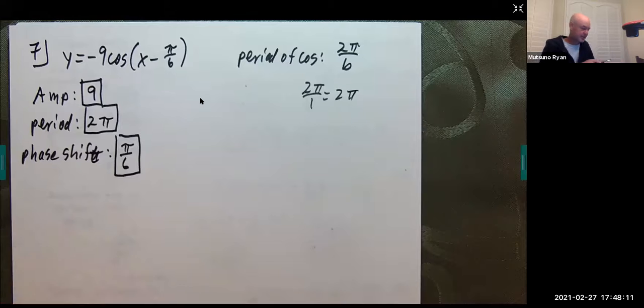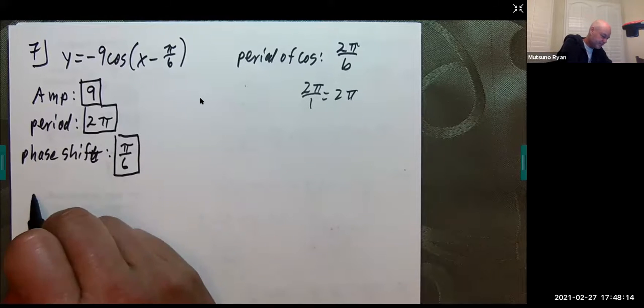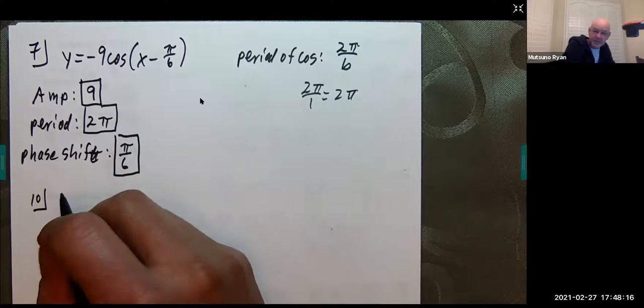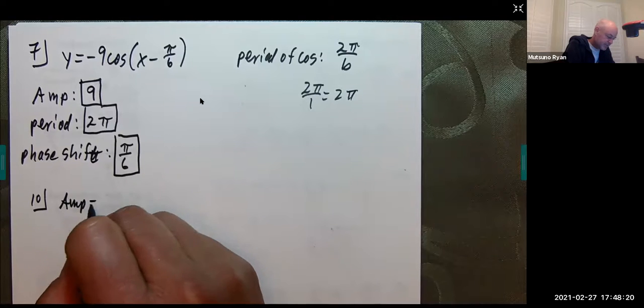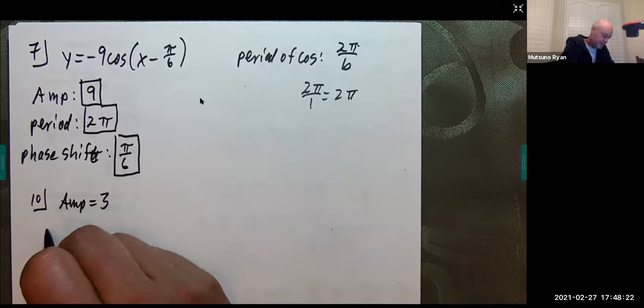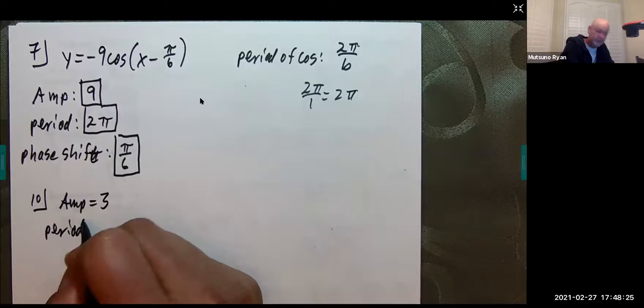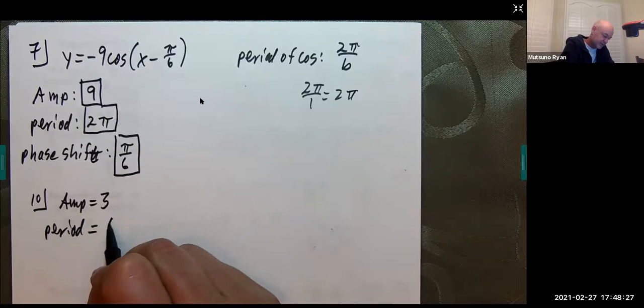All right, this is number 10. As we discussed, the amplitude is 3, it looks like. Period is 6.